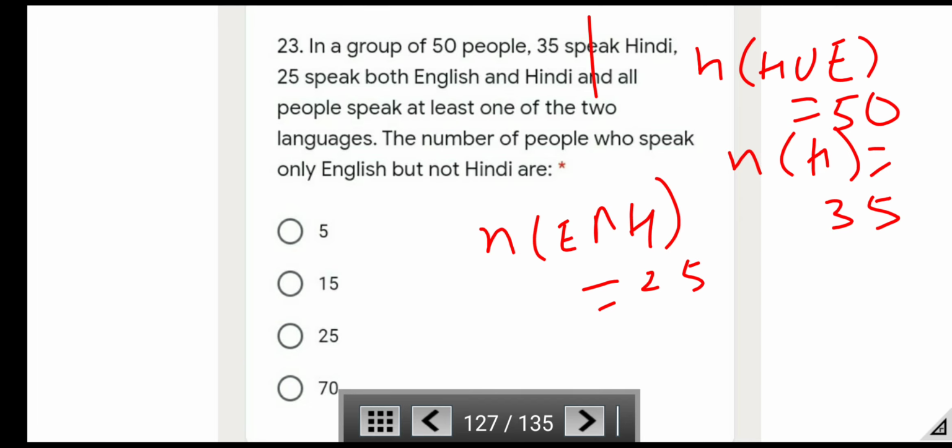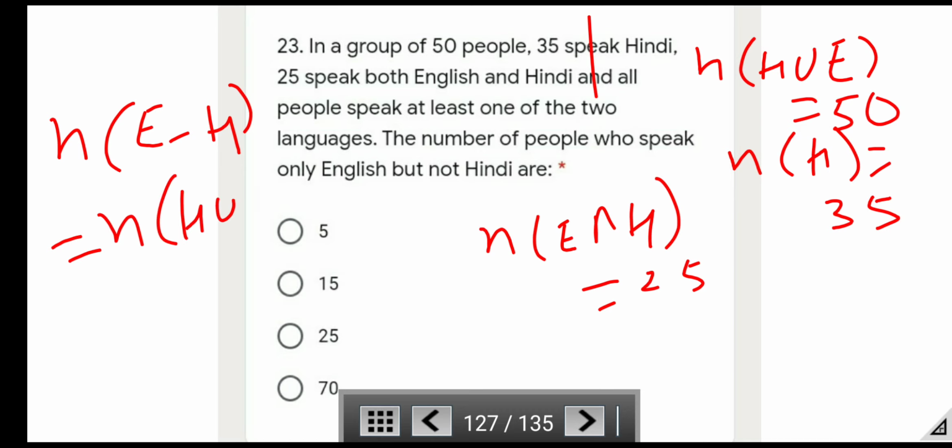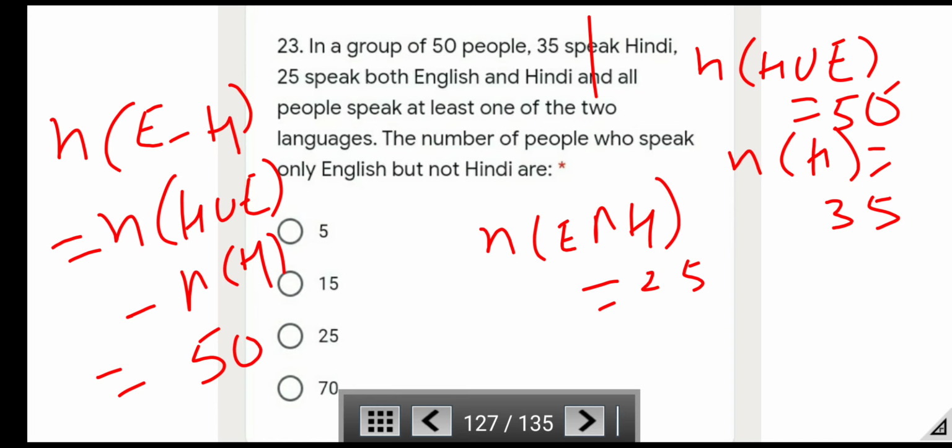The number of people who speak only English but not Hindi, that is n of E minus H, is equal to n of H union E minus n of H. Now n of H union E is equal to 50 and n of H is equal to 35.